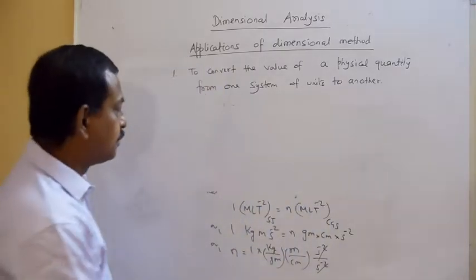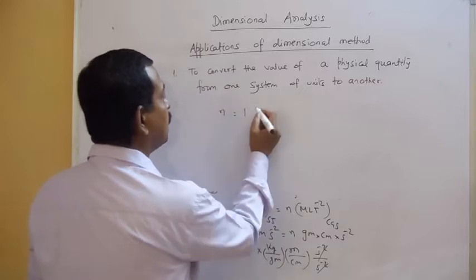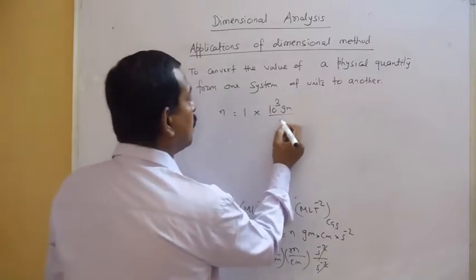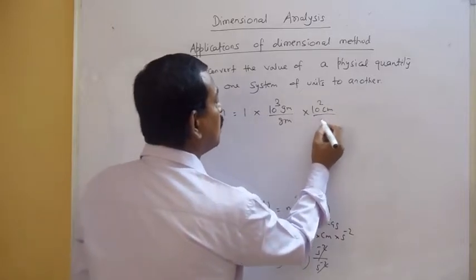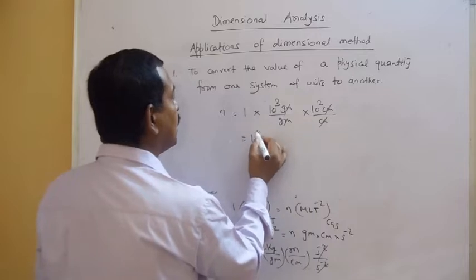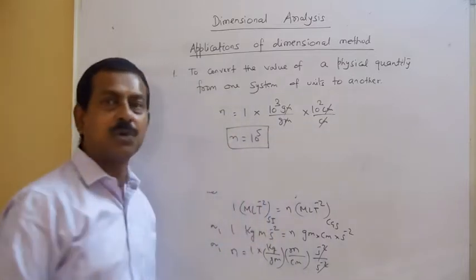So we get n equals 1 into 10 to the power 3 gram by gram, 10 to the power 2 centimeter by centimeter. These will get cancelled and we get 10 to the power 5. The value of n is 10 to the power 5.